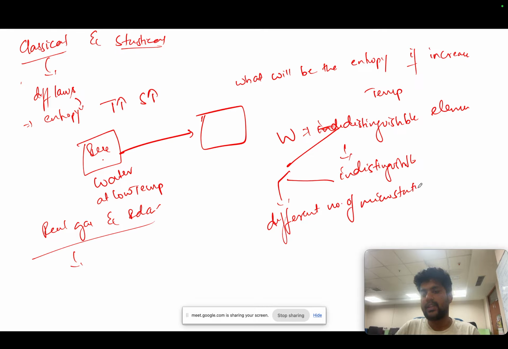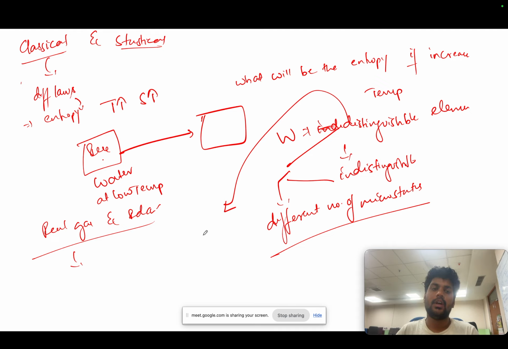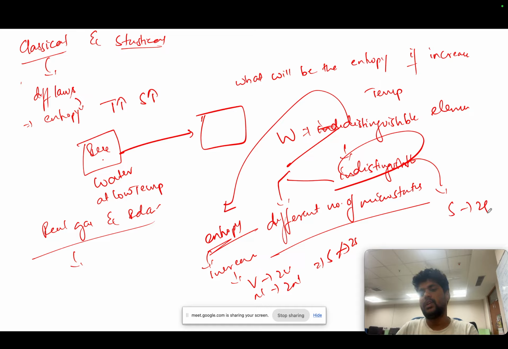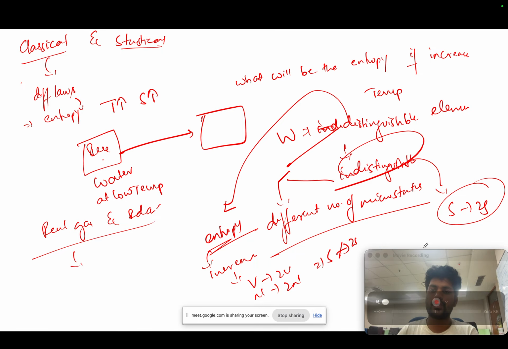For distinguishable elements, as volume increases to 2V and the number of molecules to 2N, the entropy is not increased to 2S. So we came to indistinguishable elements, assuming the thermodynamic probability with indistinguishable particles can explore this.